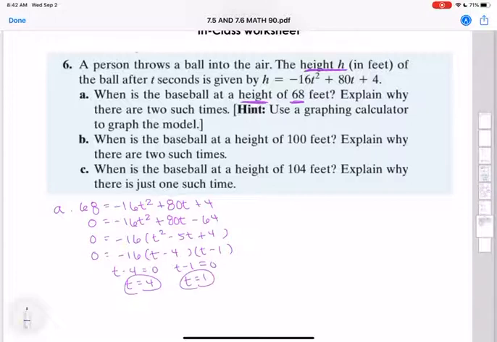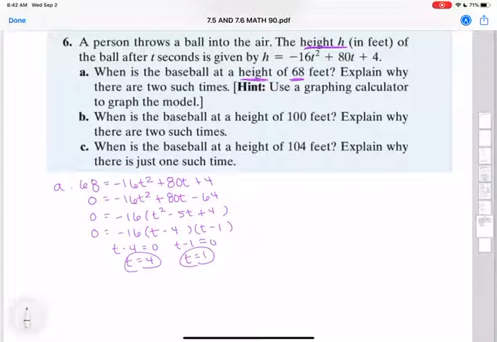So what do those numbers mean? The height is 68 feet after t seconds, so that's how many seconds. So we actually want to label that with our words. Anytime you have a word problem, go ahead and label your answer. So 4 seconds and 1 second.